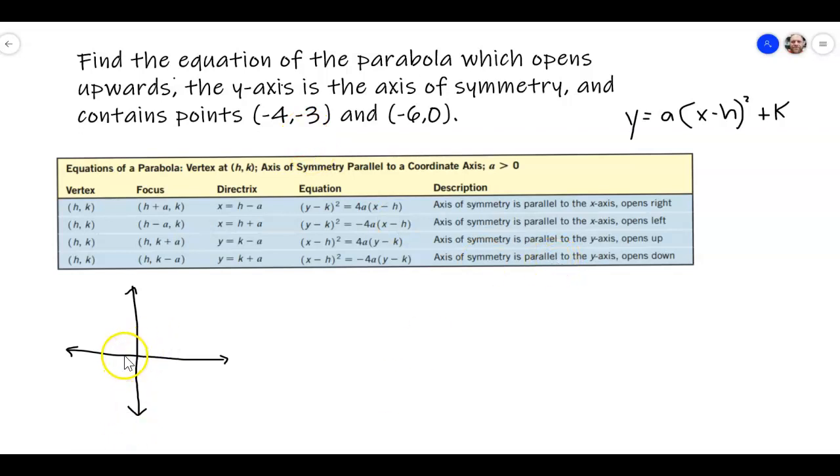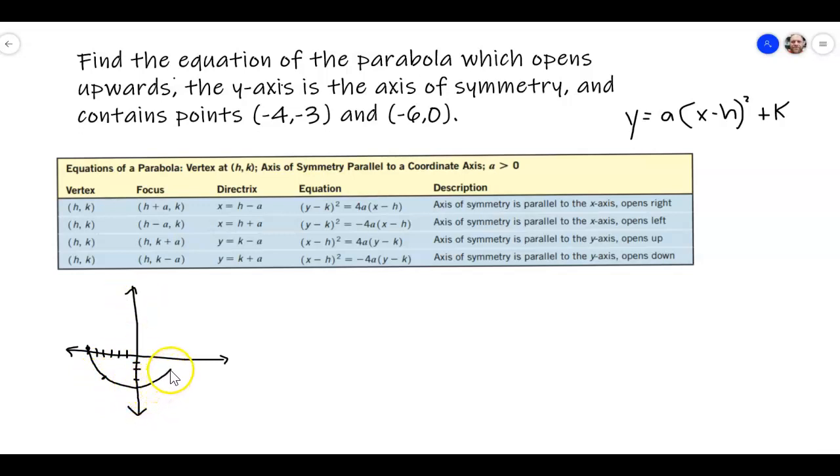So let's go ahead and do a quick makeshift graph just to see what this thing is going to look like here. So (-4, -3), so we'll go 1, 2, 3, 4, 1, 2, 3. So we've got some point over here, and then we've got another point over here. It's going to be symmetric to the y-axis.